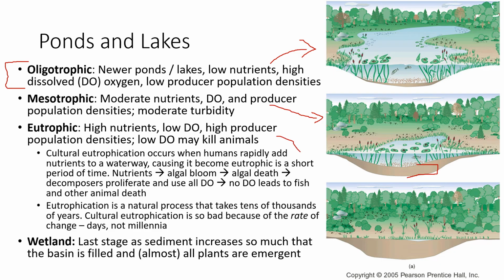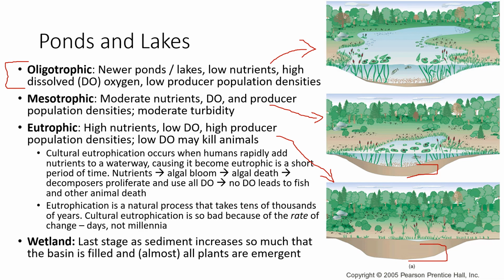Eutrophic ponds and lakes are where we keep going with that system, right? It's another few thousand years later, and the rivers have dropped off even more sediment. There's more organic sediment from all the vegetation that surrounds and is in the pond and lake, and that pond and lake continues to fill up and continues to add more nutrients. The dissolved oxygen decreases even further.